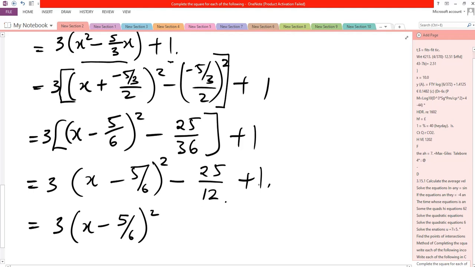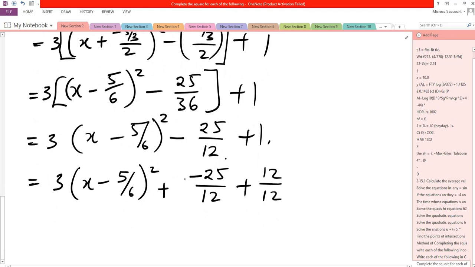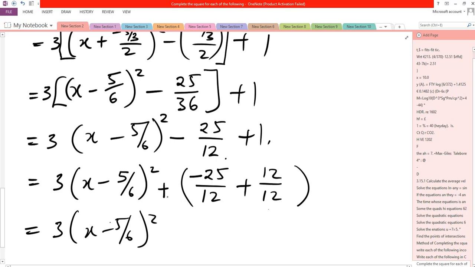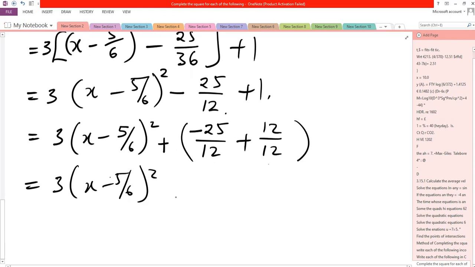Now 12 over 12 is the same thing as 1. So you have 3 times x minus 5 over 6 all squared, and you'll be left with minus 25 over 12 plus 12 over 12.